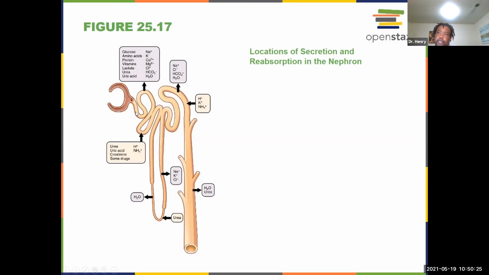So you can kind of see here on the earlier stages of your nephrons, you're basically going to get absorption of glucose, amino acids, proteins, vitamins, lactates, urea, uric acid, tons of different ions and water. Okay.